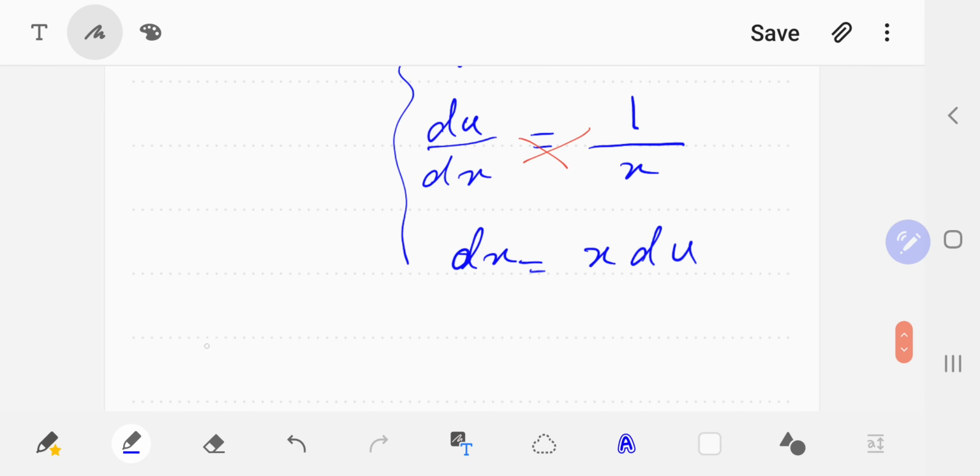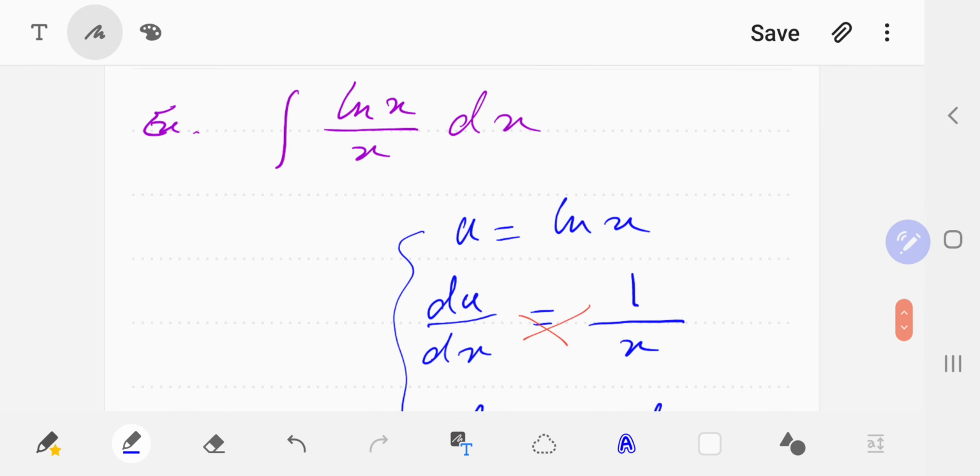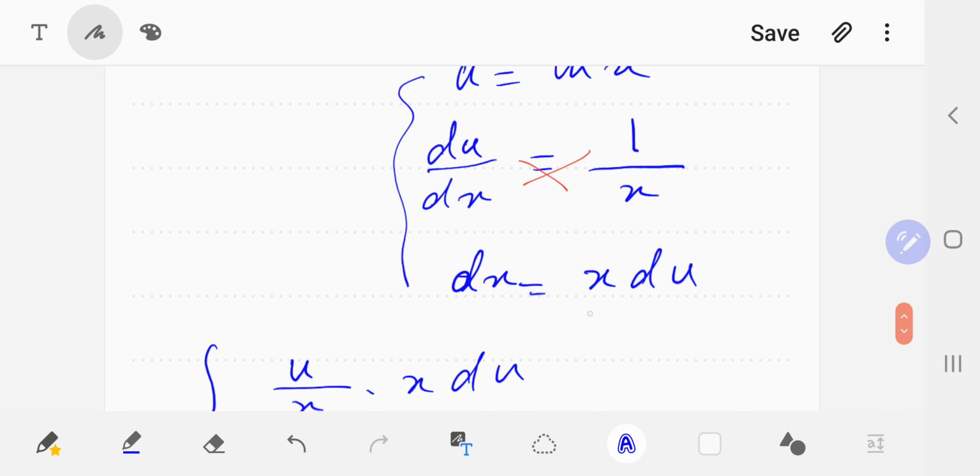Integration of u over x times x du. Instead of ln, we have u. Instead of dx, we have x du.